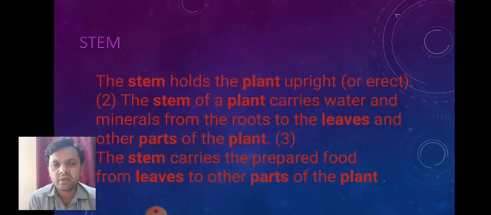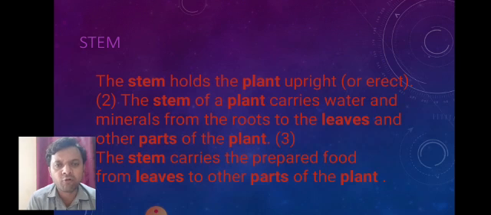Next, number 3, the stem carries prepared food from leaves to other parts of the plant. We have just now seen that from roots the stem is carrying all the important nutrients, minerals and water and providing them to the other parts of the plant. In the same way, you all know the leaves are making food for the plant.